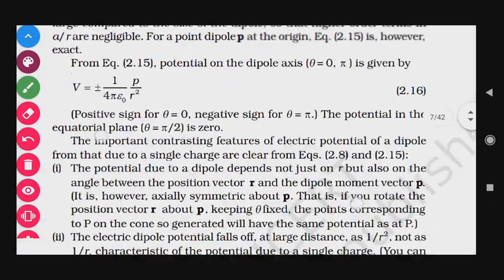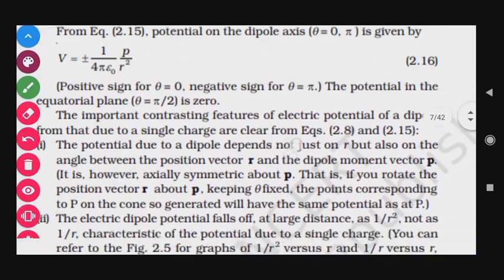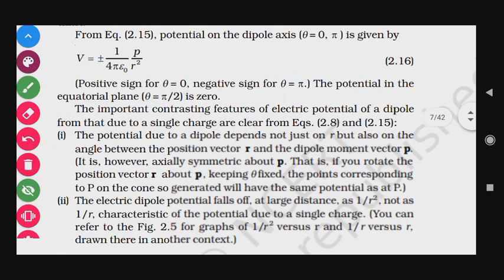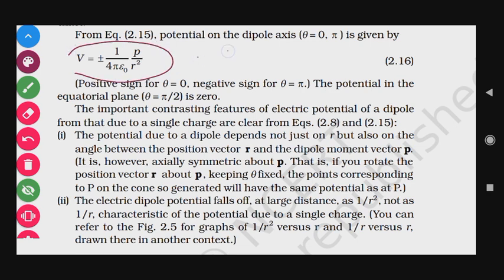So it depends on theta. If theta is 0, then cos theta is 1, and the potential at an axial point will be this much.